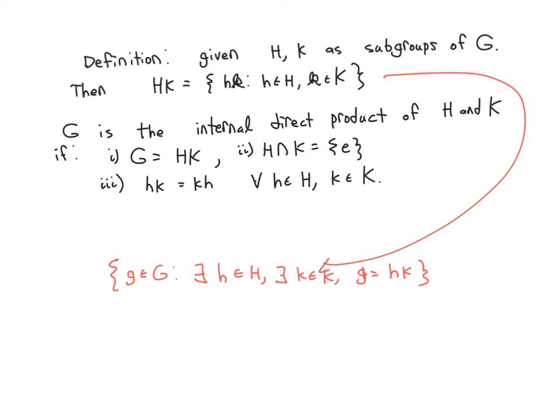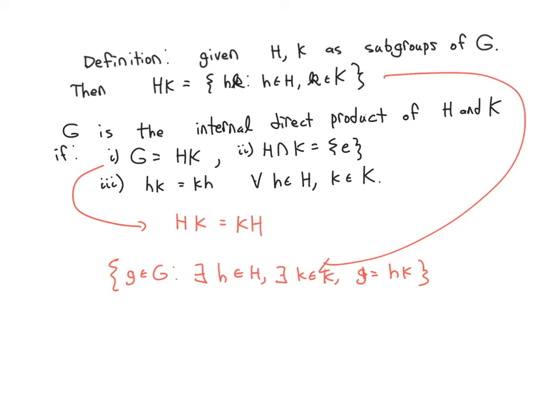Note the importance of this criterion is that it actually tells you that HK is equal to KH. And not only that these sets are equal, but that quite literally the bijection would be given by sending hk to kh because they're actually the same element. So it'd be the identity function.